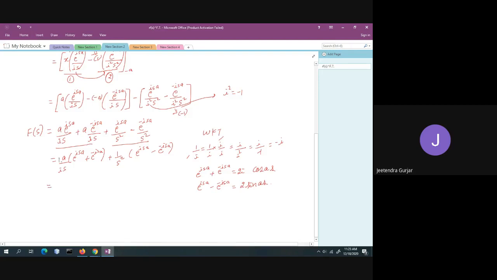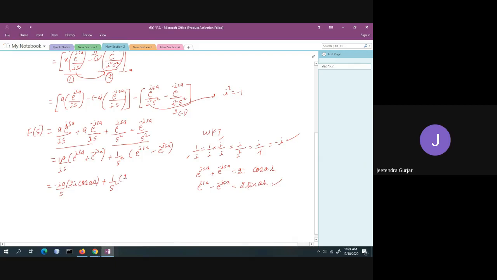Here you can see this is 1 upon i, I can write this as minus i. So I will take this as minus ia upon s. Now you can see e raised to i s a plus e raised to minus i s a can be written as 2 cos as. So I will write this as 2 cos as plus 1 upon s square. e raised to i s a minus e raised to minus i s a is nothing but 2i sin as.